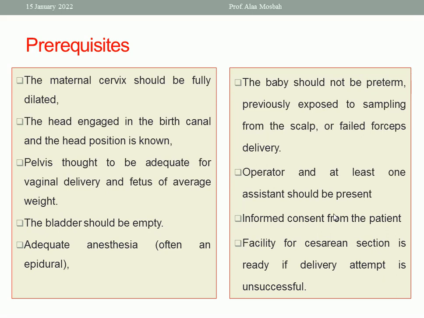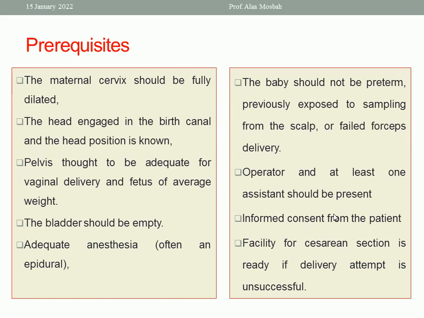The operative theater should be available because I may need cesarean section if vacuum delivery fails. There must be no cephalopelvic disproportion, so the pelvis should be adequate and the fetus of average size, no macrosomic baby. An assistant should be available to help the obstetrician doing the vacuum delivery.